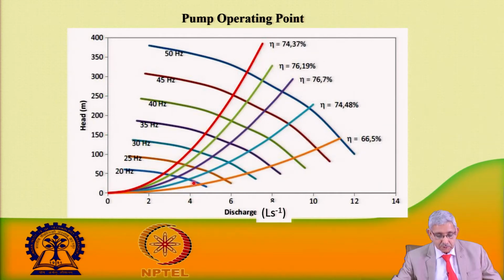So, at 100 meter head, what is the appropriate efficiency? If I need a pump of this particular efficiency, accordingly the power frequency requirement of the motor can be decided.